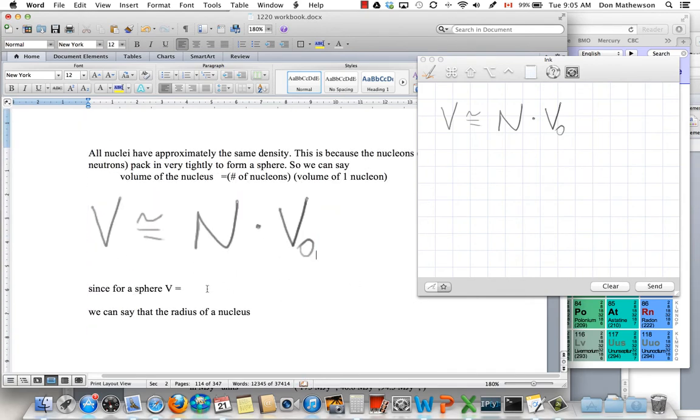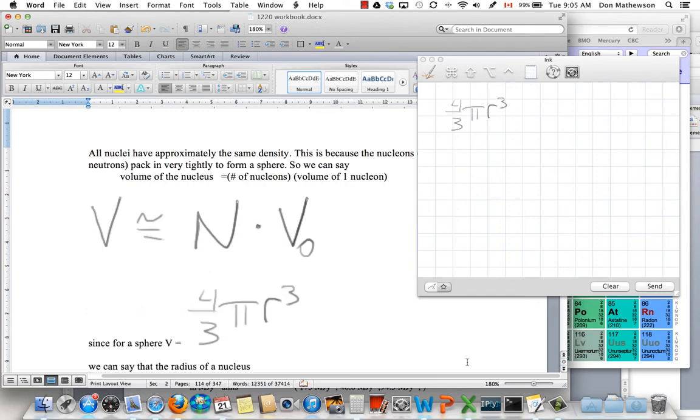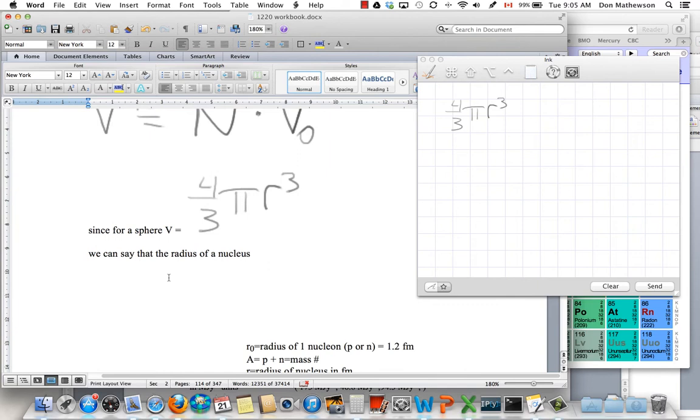And we know that for a sphere, the volume is 4/3 pi r cubed. So we can solve that for radius. If we put those two things together, it'll be n v naught is 4/3 pi r cubed.